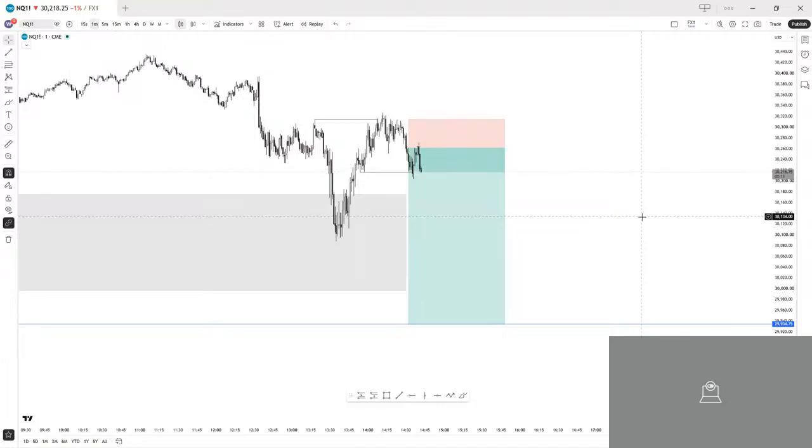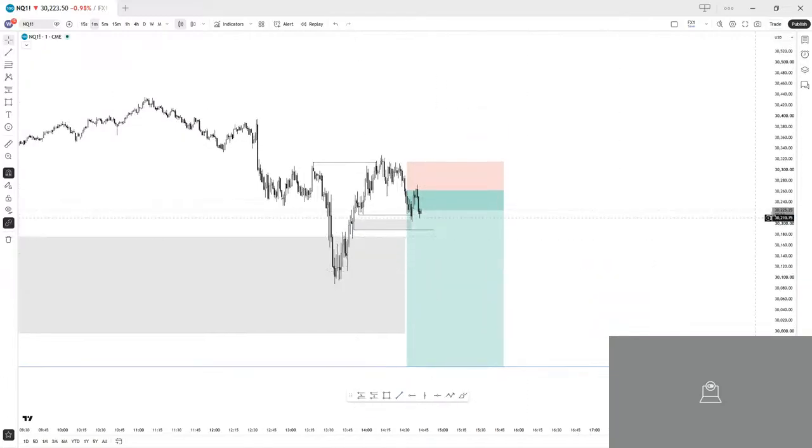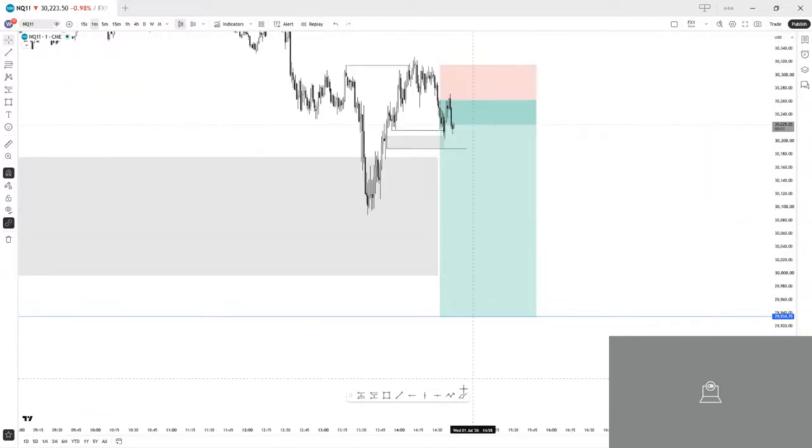We are taking out a low. What we can see is that this mitigated this zone to the left. So maybe we might get some reactions after this high is gone. If price decides to go in our direction, maybe to our lows.